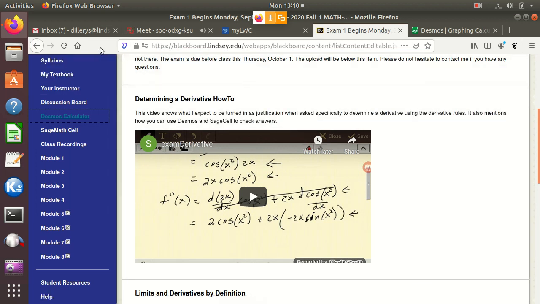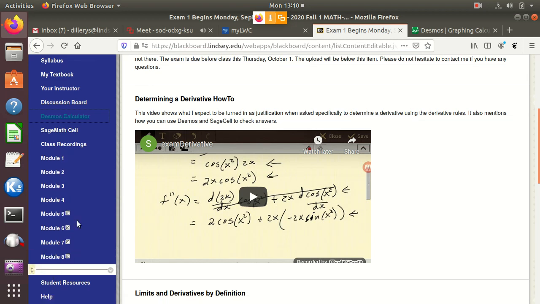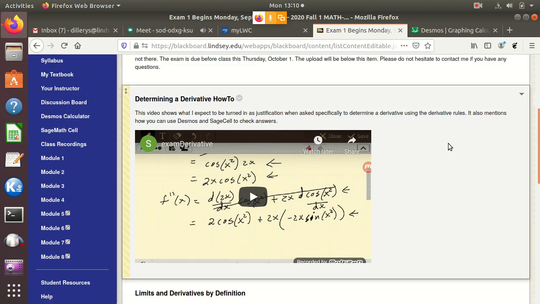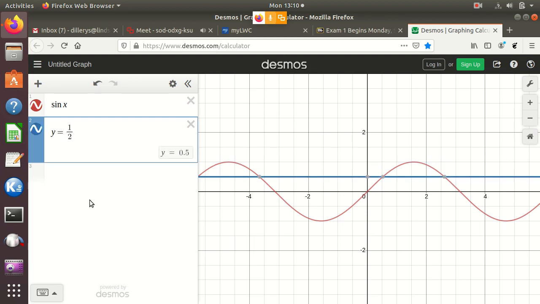Let me click out here. There we go. Okay. See it? Oh, beautiful. So y equals 1/2. And now, look at that. Desmos actually tells me it's pi over 6.